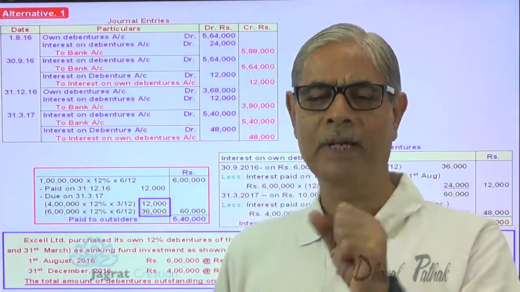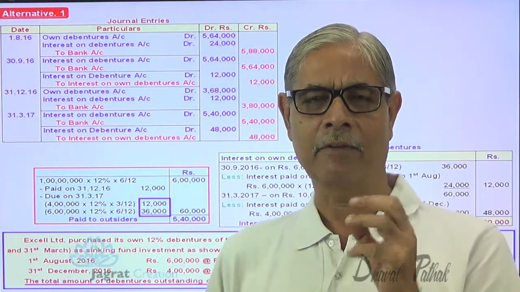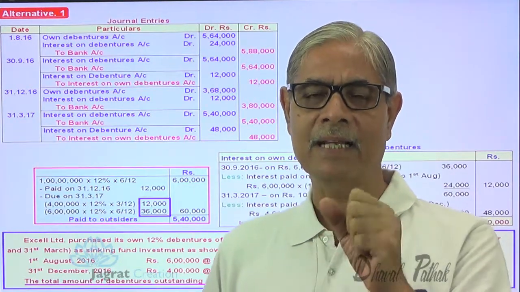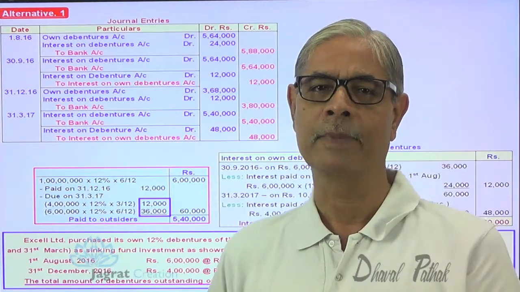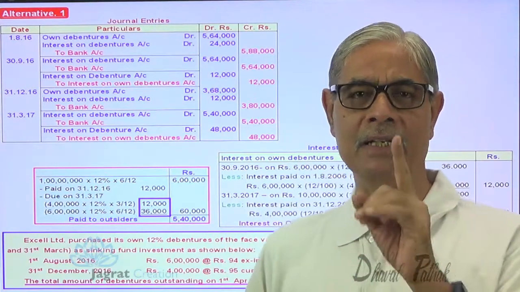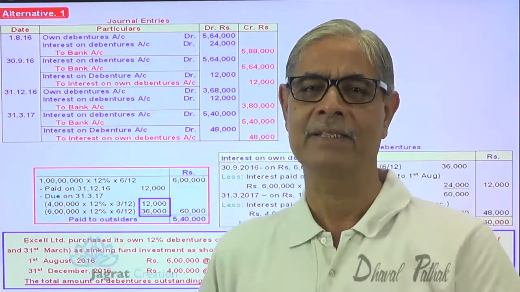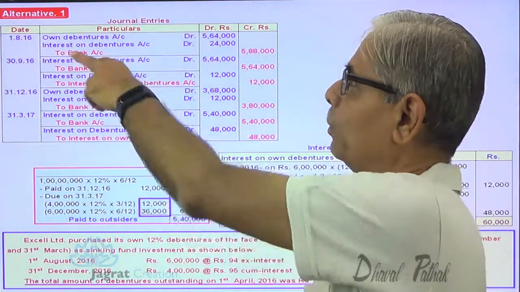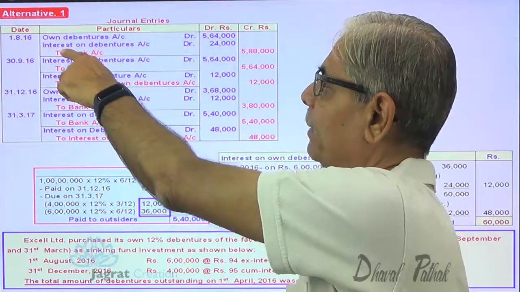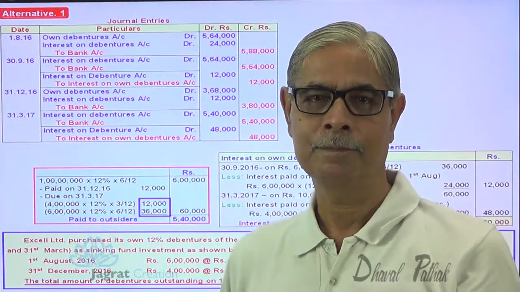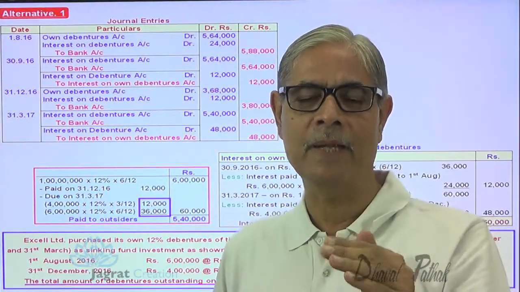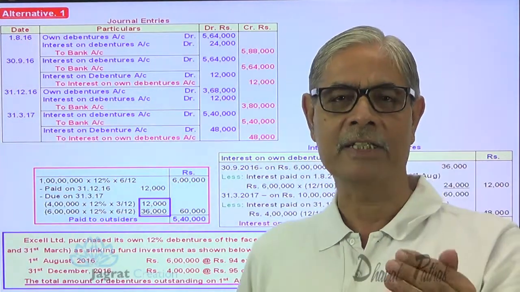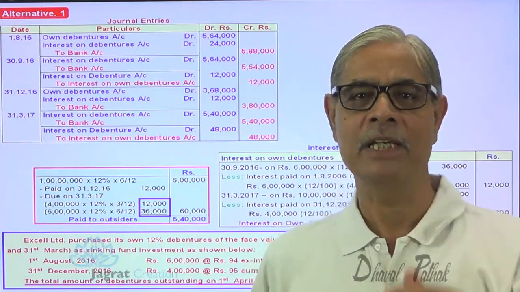Now one more important point, though not questioned in this sum, I want to explain: debentures are purchased here as sinking fund investment. But suppose that debentures are purchased for immediate cancellation. In that situation, when you purchase the investment, debit interest on debentures account. After purchase of investment, if they are immediately cancelled, then no interest is payable for the subsequent period.